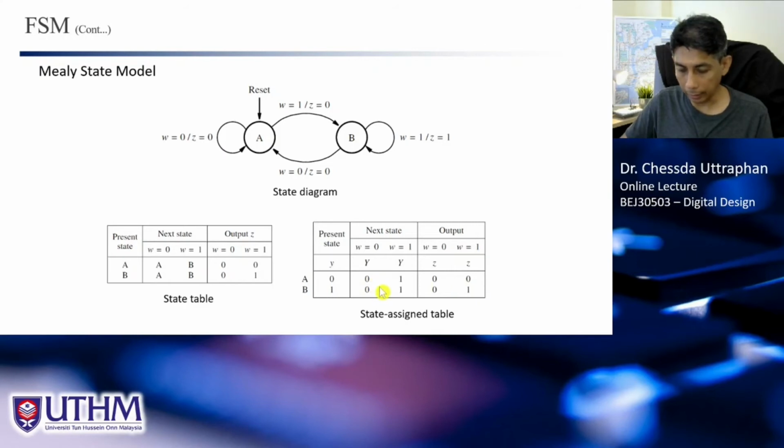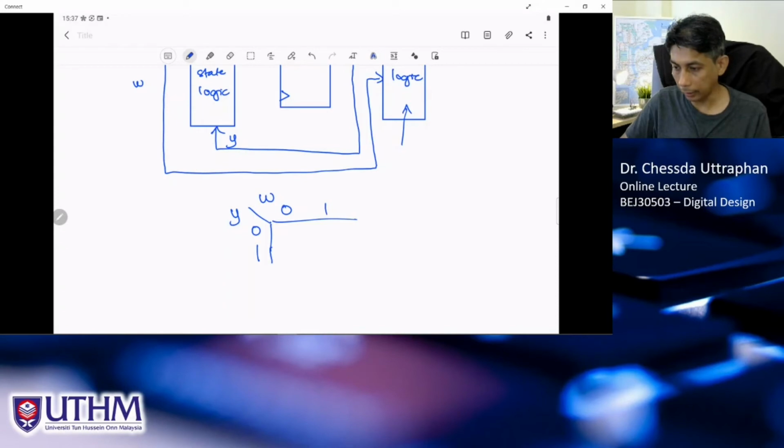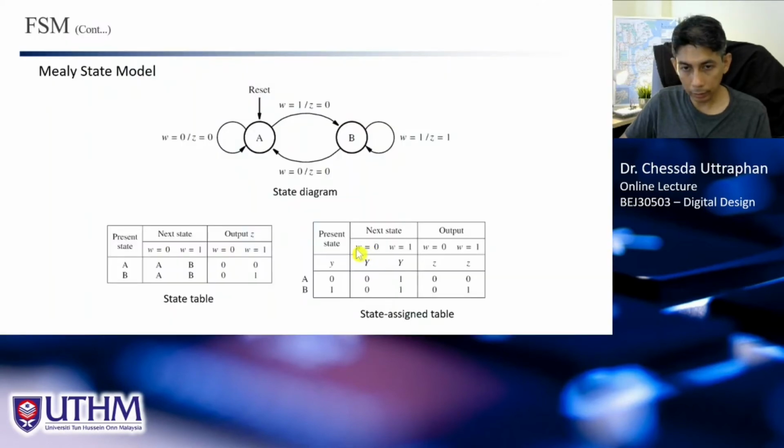So with this, if we simplify this to a simple truth table, we can have something like this. Or a K-map, right? This is like the K-map already, because you have Y, you have W here. If Y equal to 0, if Y equal to 1, if W equal to 0, if W equal to 1, right? Exactly this, W equal to 0, W equal to 1, Y equal to 0, Y equal to 1.